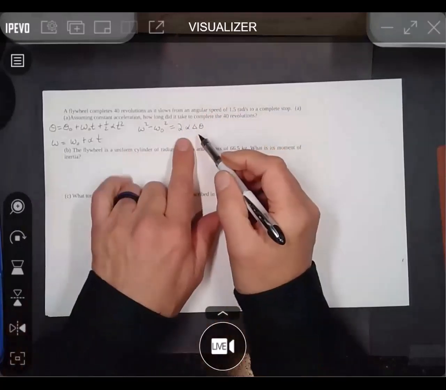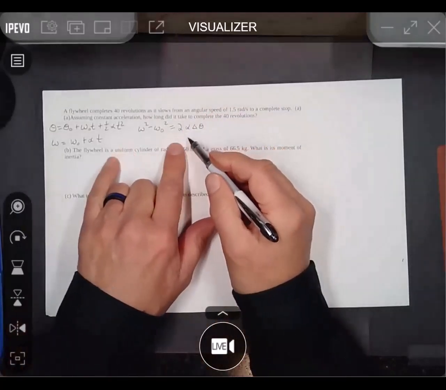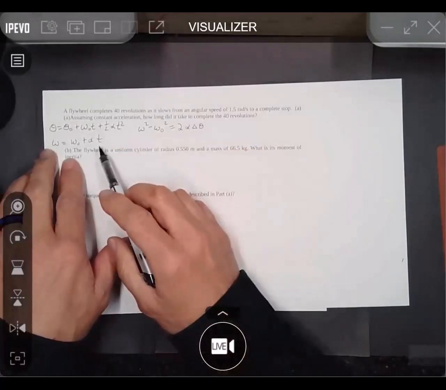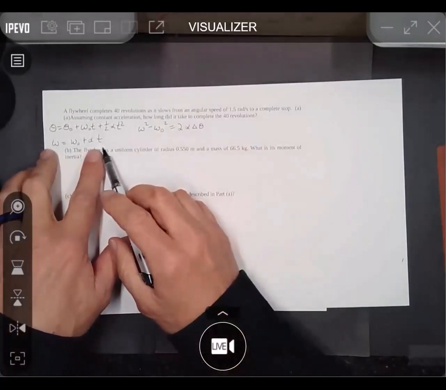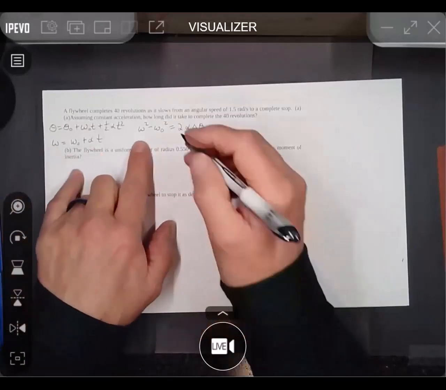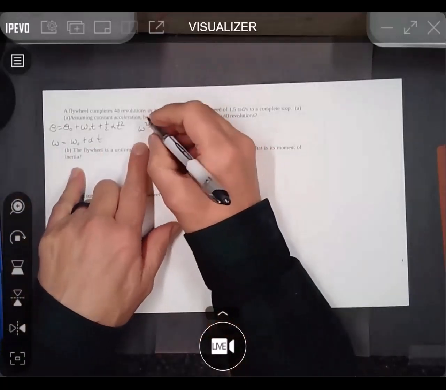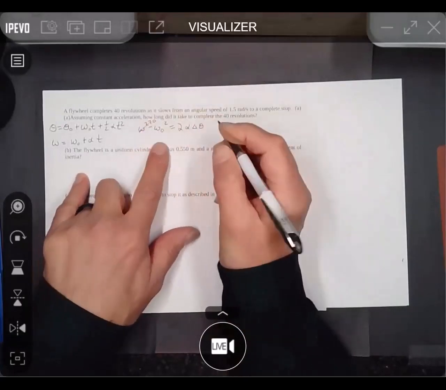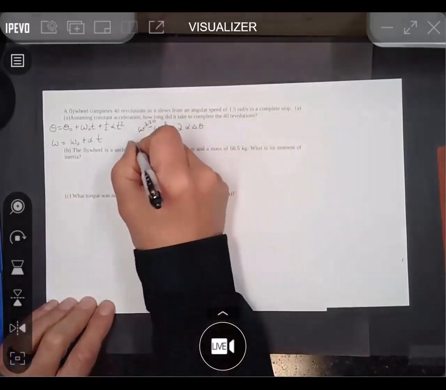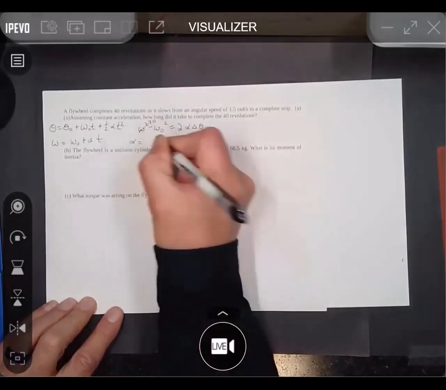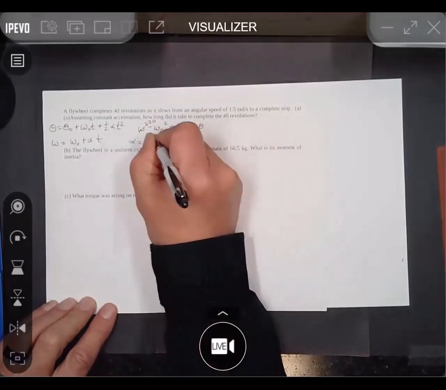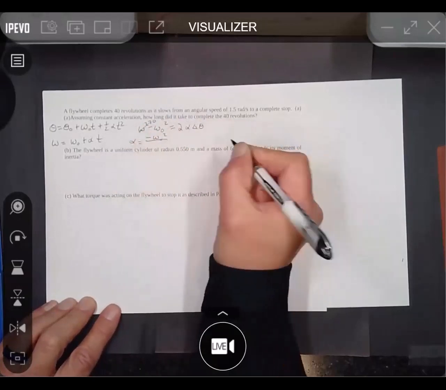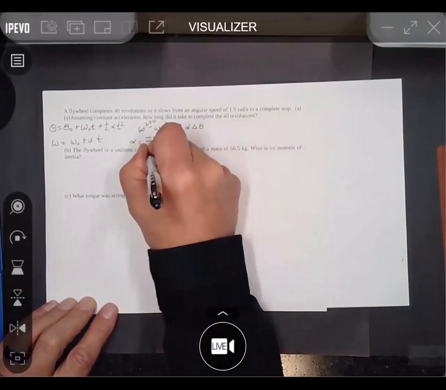And we can use this equation to solve for alpha, and then this equation to figure out how long it'll take to stop. So let's go ahead and do that. Omega here is going to be 0. That's the final angular velocity. And so alpha will equal minus omega naught squared over 2 delta theta.